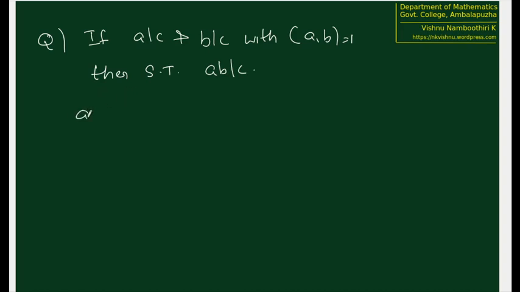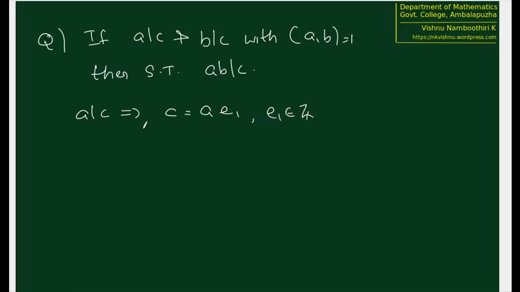Okay, A divides C, it's given. So what is the consequence of this? What we can write in the terms of multiplicative notation. In multiplicative notation, we can write it as C is equal to A into some E1, where E1 is some integer.